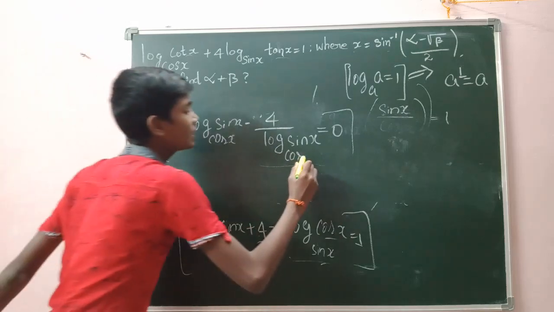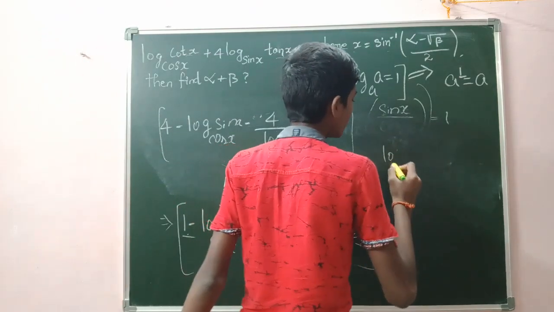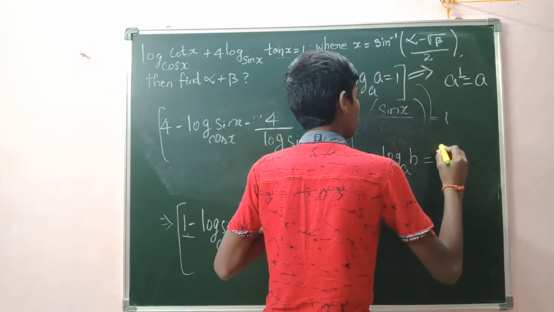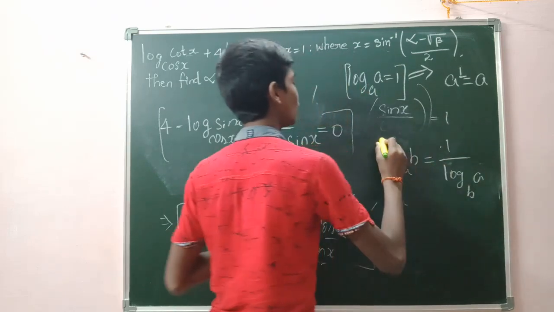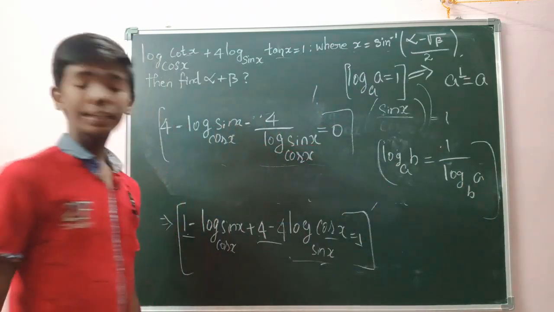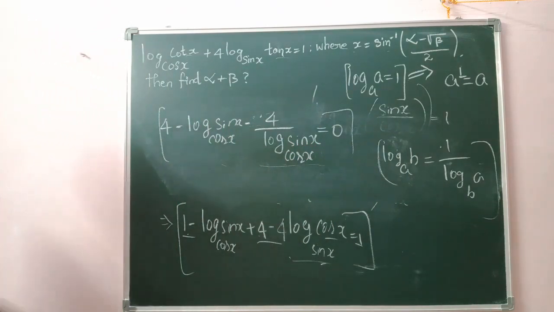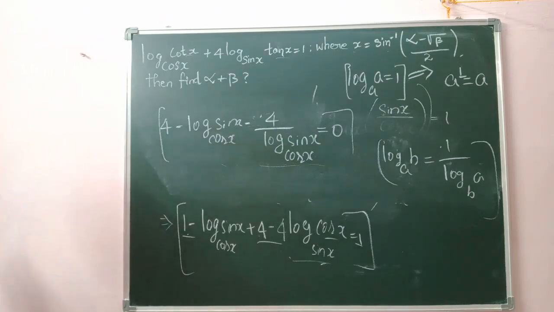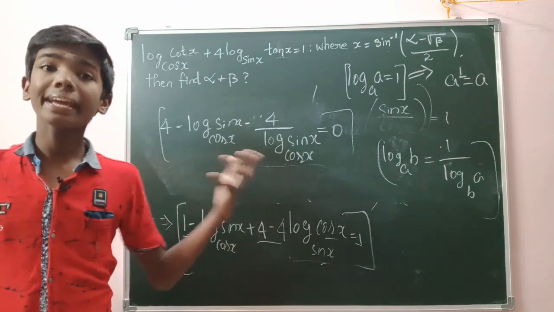And this term I wrote like this by using your basic property, because log to the base a of b, I can write as 1 by log to the base b of a, by interchanging your base and the inside value. And now this particular expression seems like a quadratic form. You can convert this into quadratic form by taking the LCM.